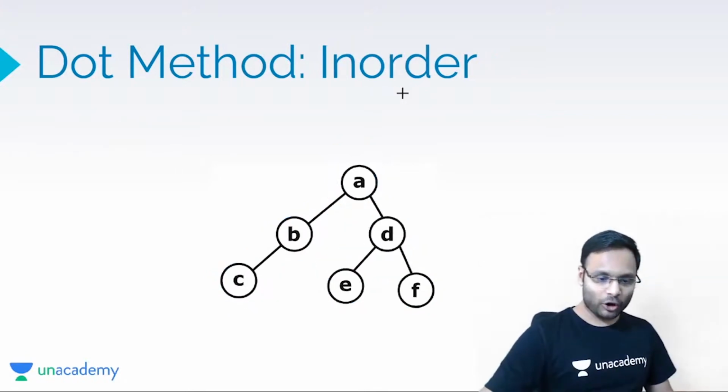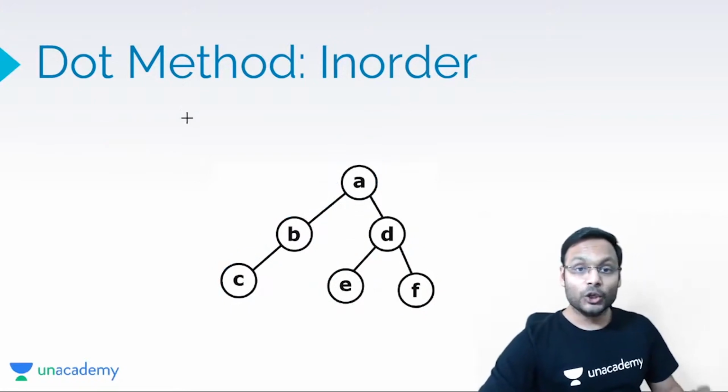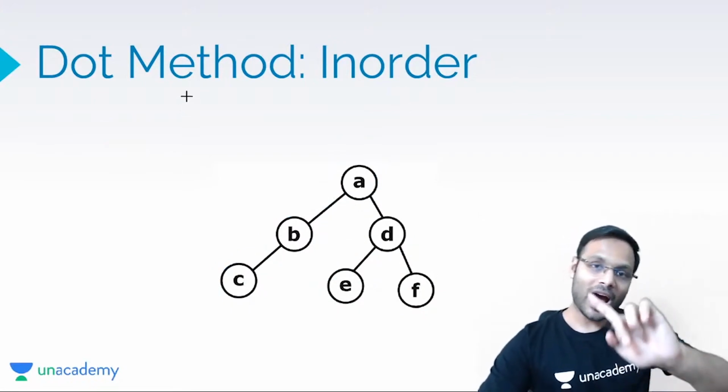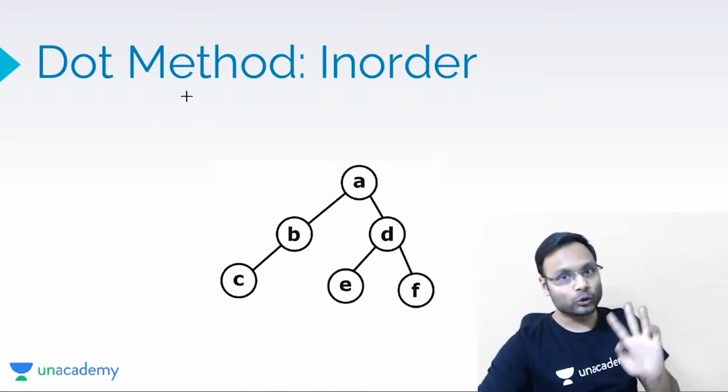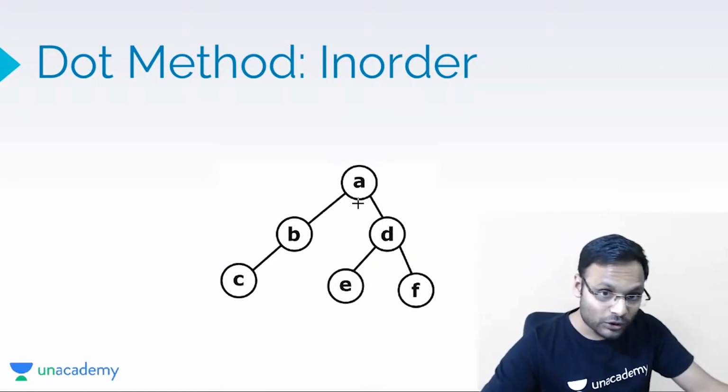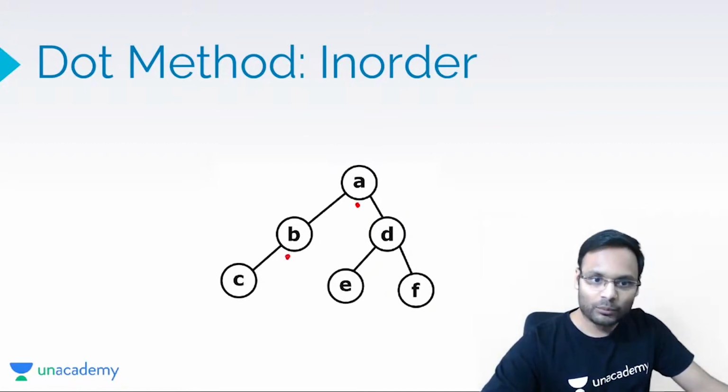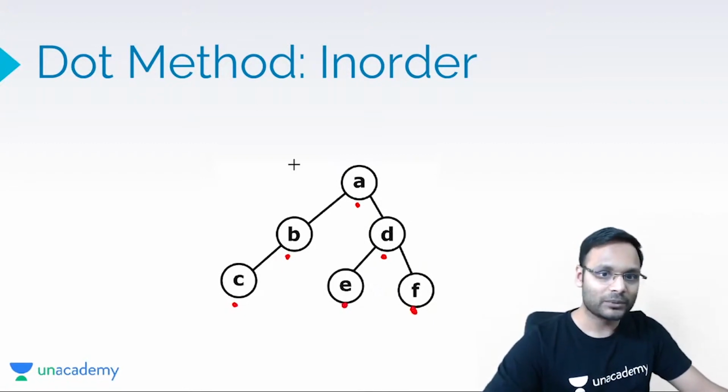In-order traversal says that you need to traverse the node after the left subtree but before the right subtree. In between both. In between both means put the dot for every node in between the left and right subtree. Put the dot and do the same kind of traversal from left to right. Why left to right? Just because here we are traversing the left subtree first.